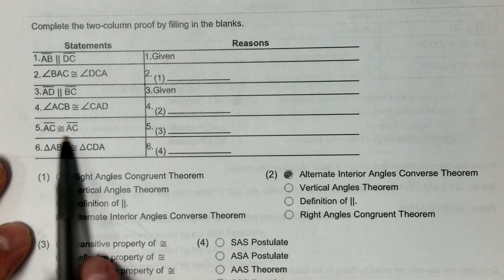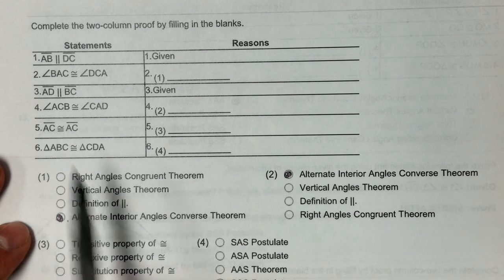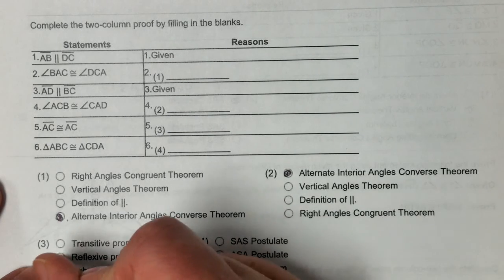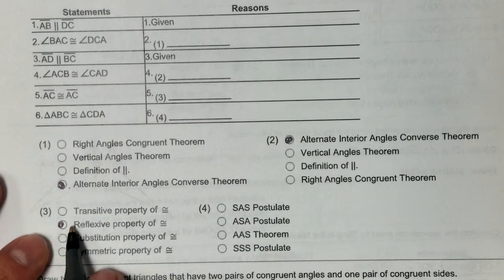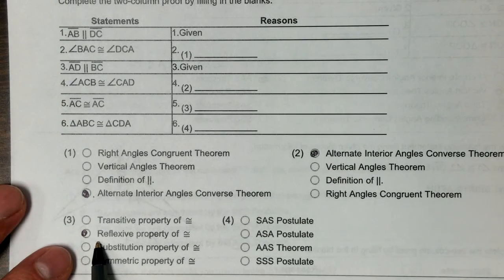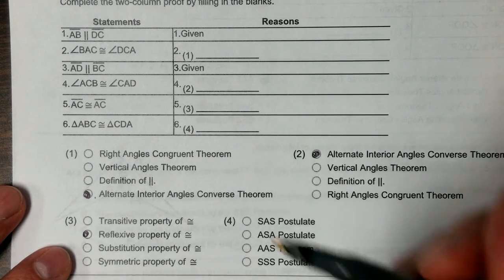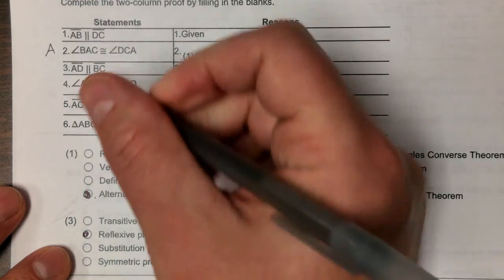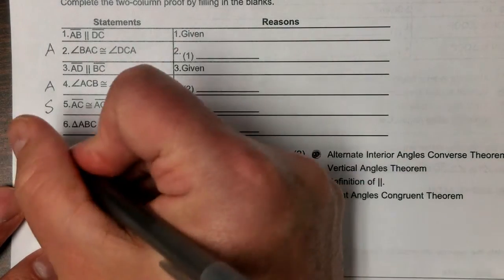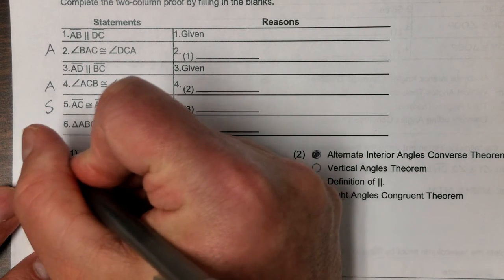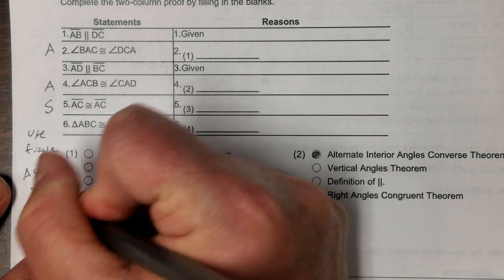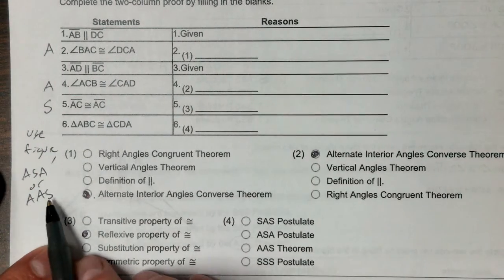Then you've got, this is the same thing, so we've said several times that'd be reflexive. It's not symmetric, it's reflexive. So let's see, we've got an angle, we've got another angle, and we've got a side. So use the figure. It's either ASA or AAS.